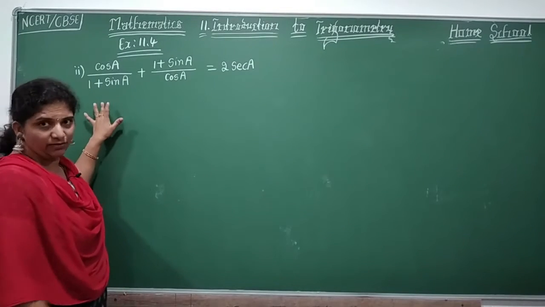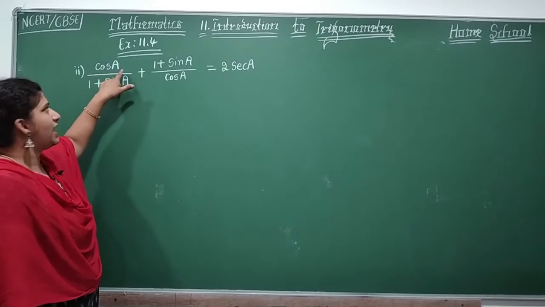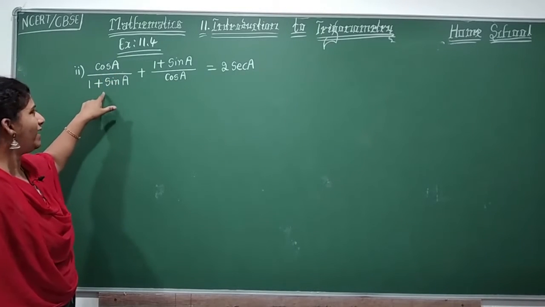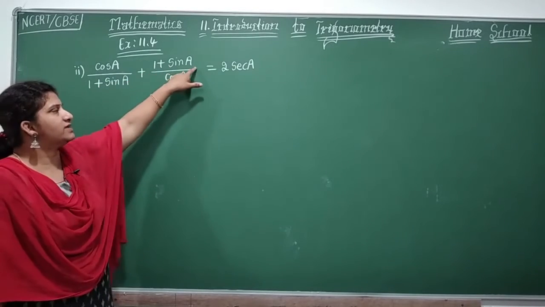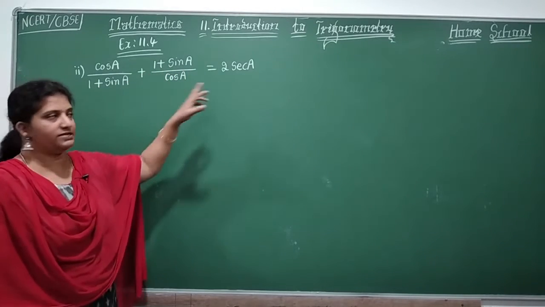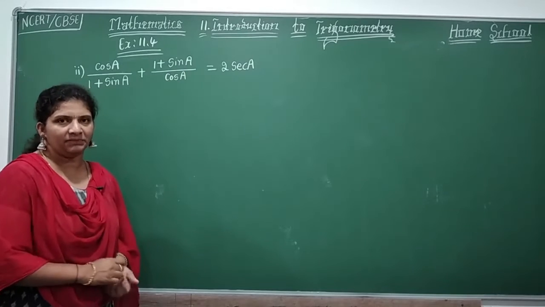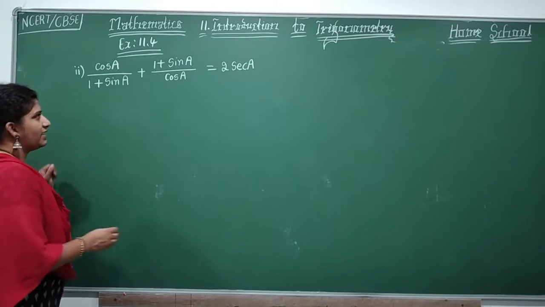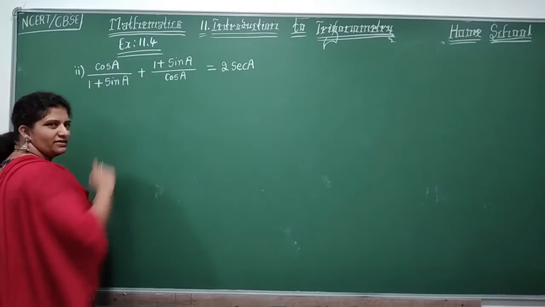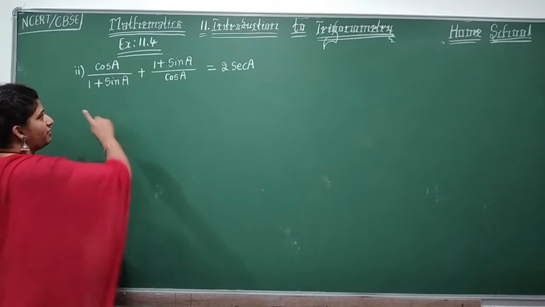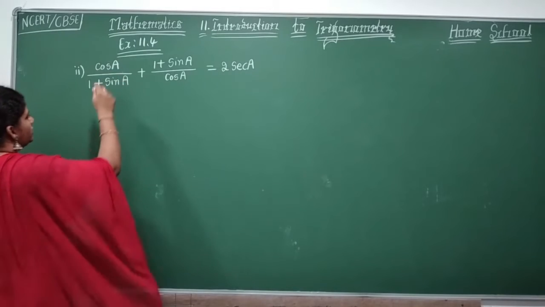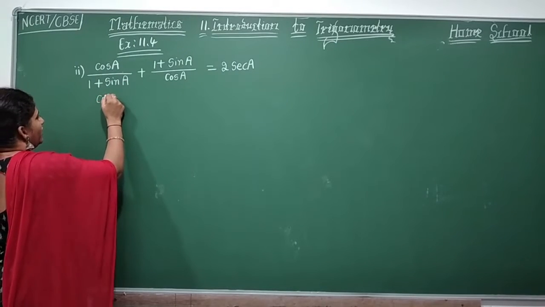Okay, look here, second problem. Cos A by 1 plus sin A plus 1 plus sin A by cos A is equal to 2 secant A. So now, let's consider here. See here, RHS is very small. We cannot bring to the LHS. So let me consider the LHS part. So what are you going to do here?